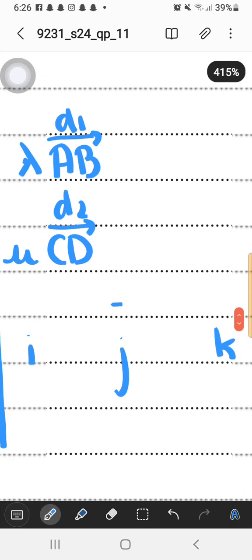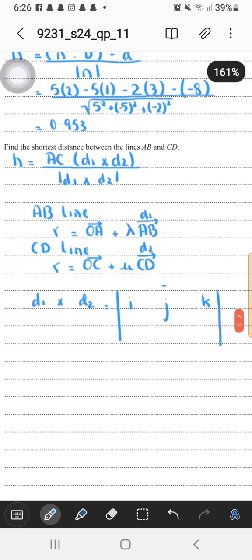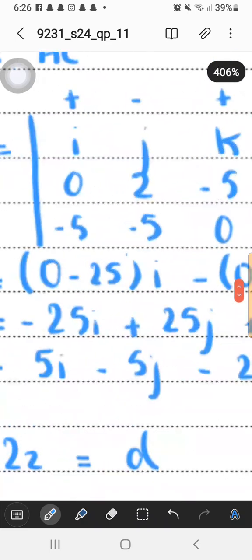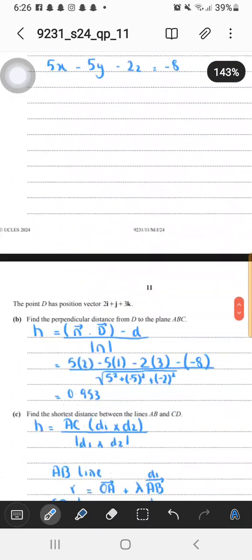I, J, K: the J will be negative and the I and K will be positive. So D1 cross D2 is basically AB cross CD. We know AB from the first part, that is 0, 2 and negative 5.